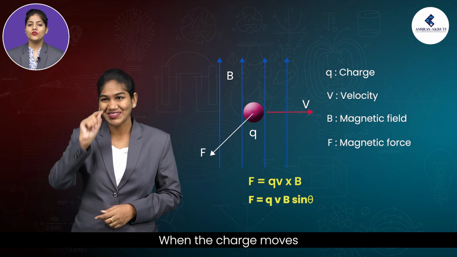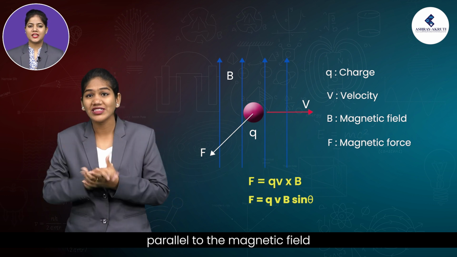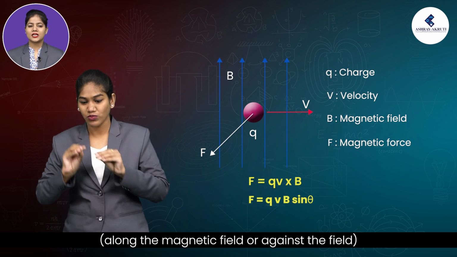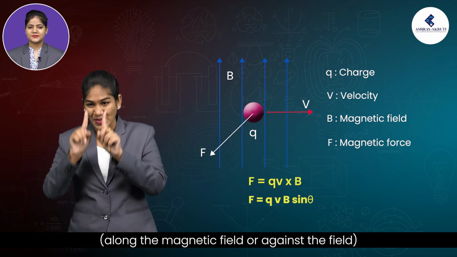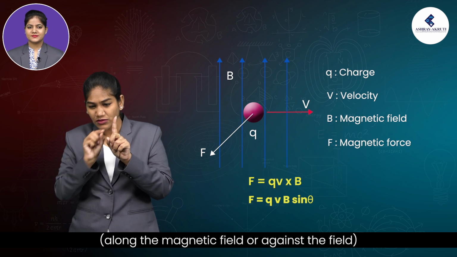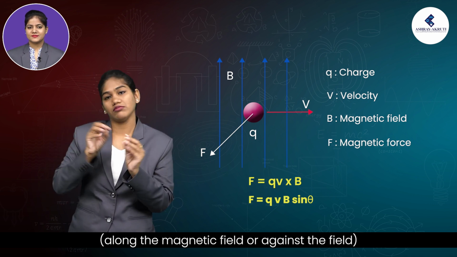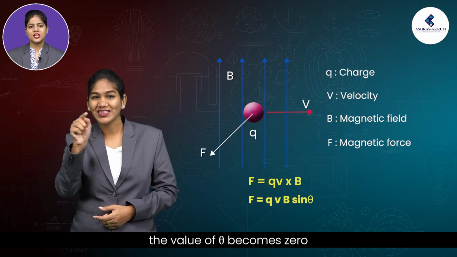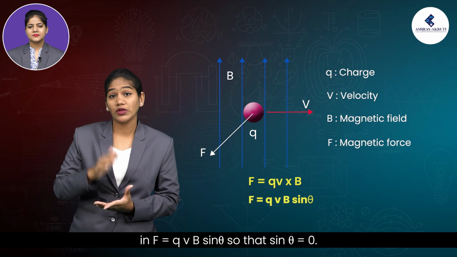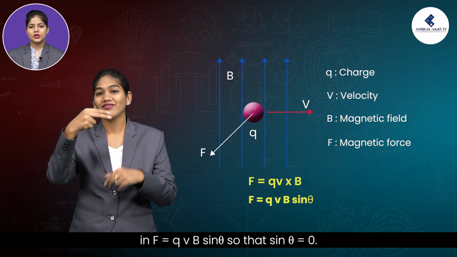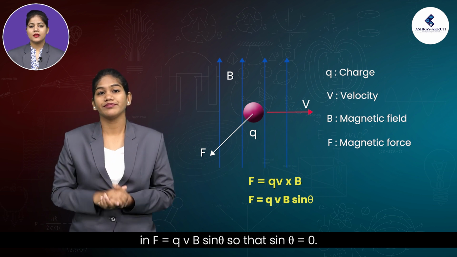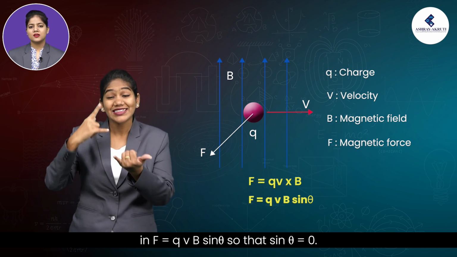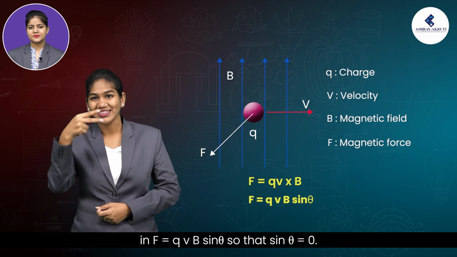When the charge moves parallel to the magnetic field, along the magnetic field or against the field, the value of theta becomes 0 in F is equal to Q V B sin theta, so that sin theta is equal to 0.